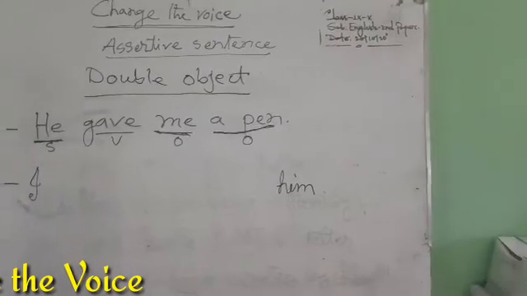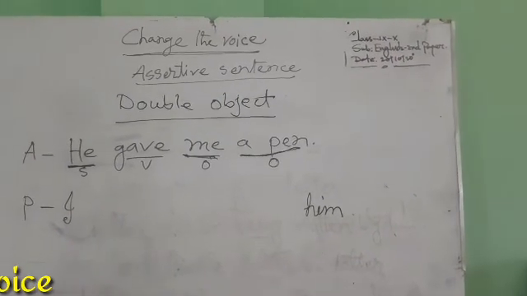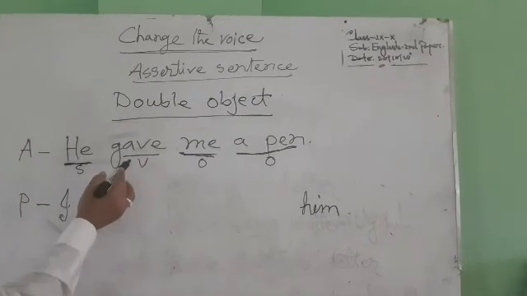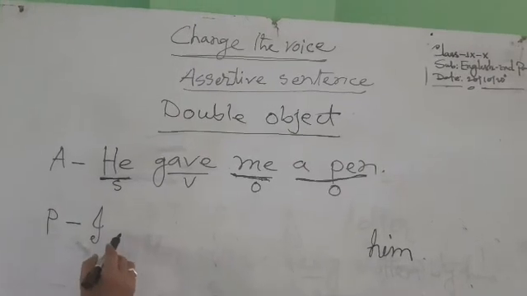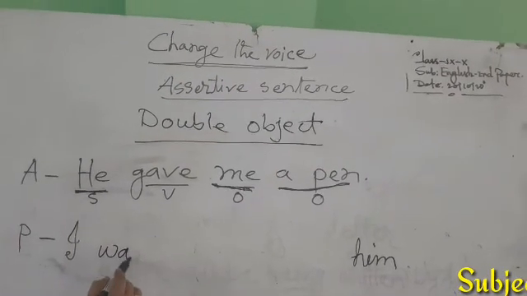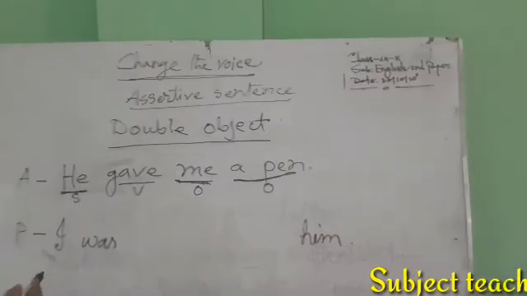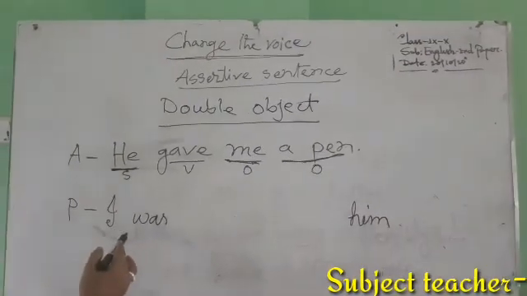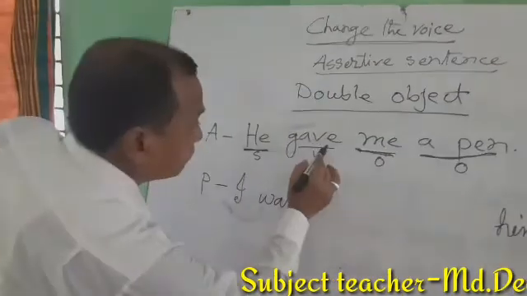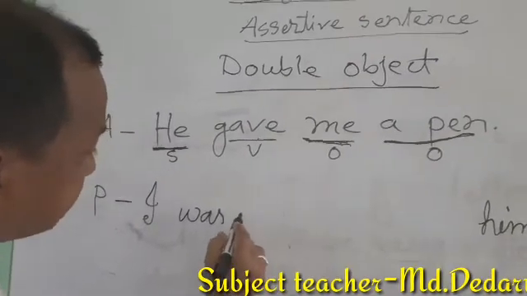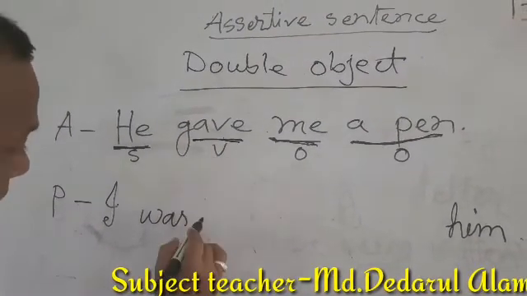Then we use a helping verb. Active voice is past tense, so was. According to number and person with tense, I was given, from verb 3.